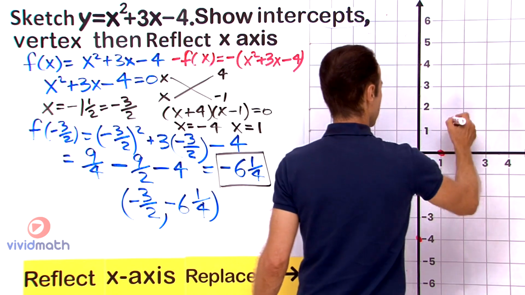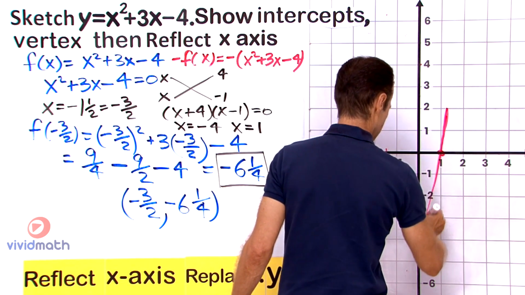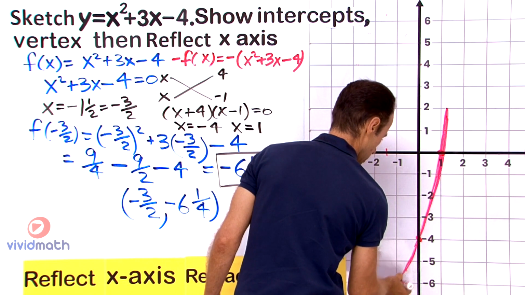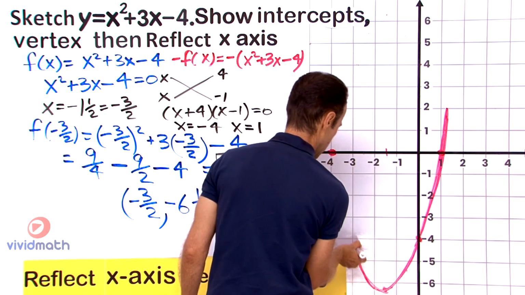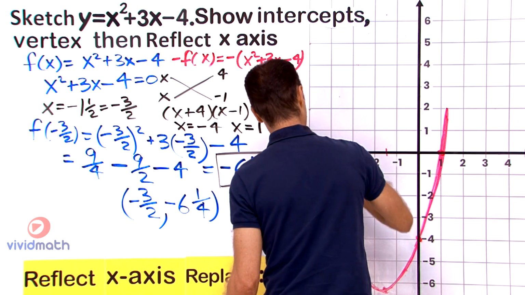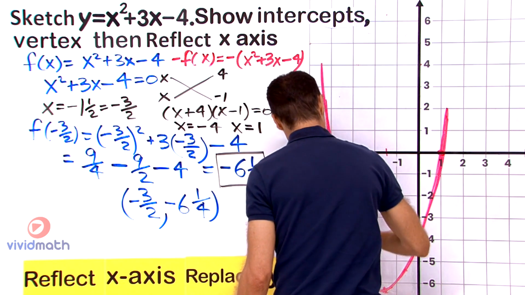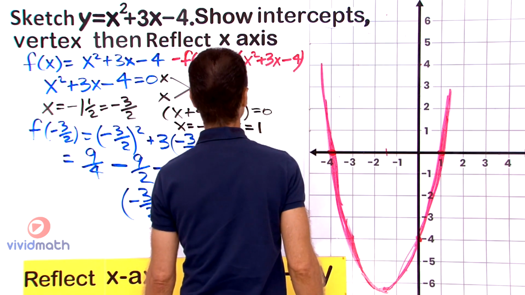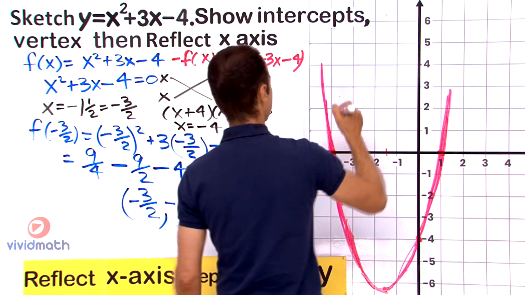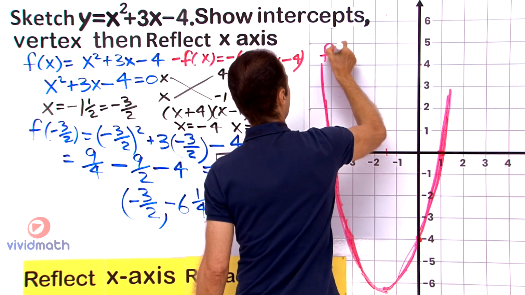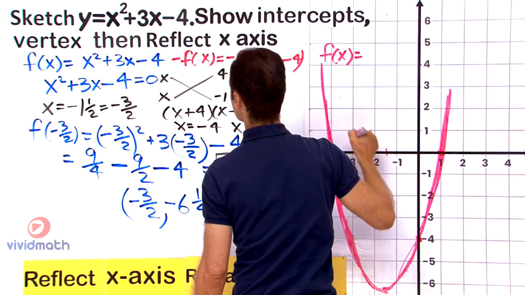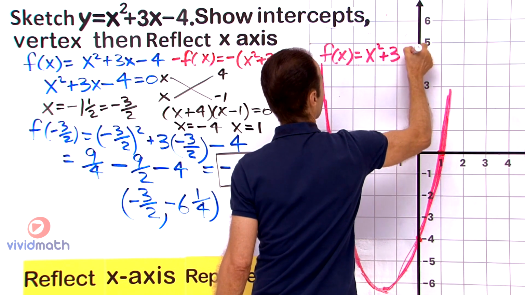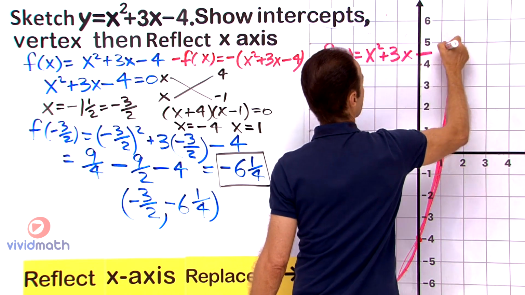So let's join the dots. There we go. That's our function f(x) equal to x squared plus 3x minus 4.